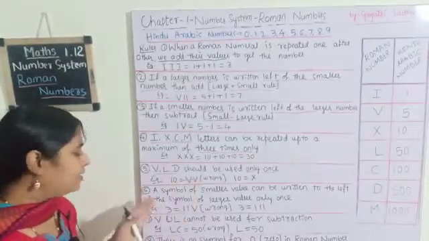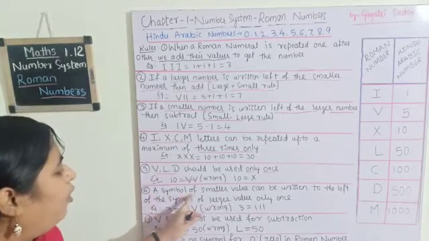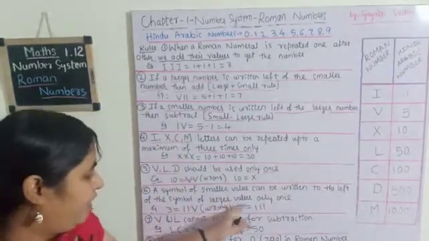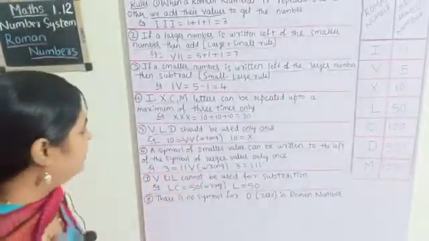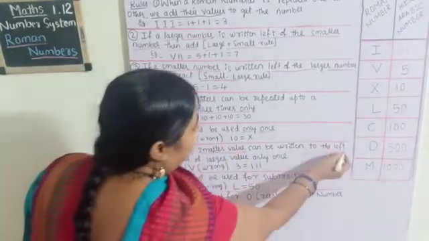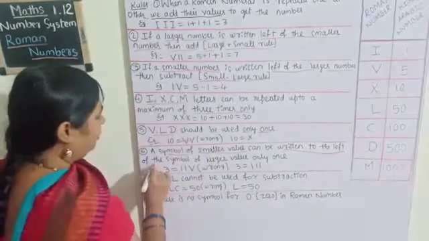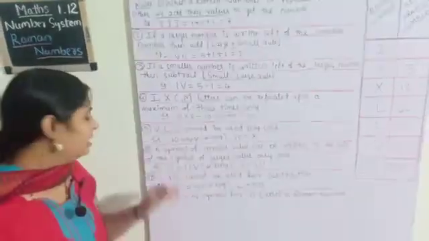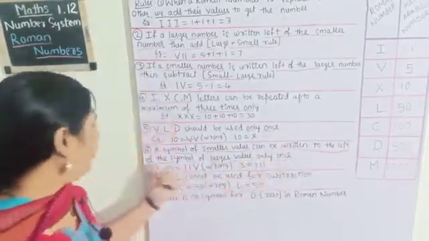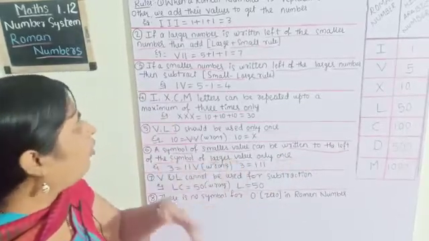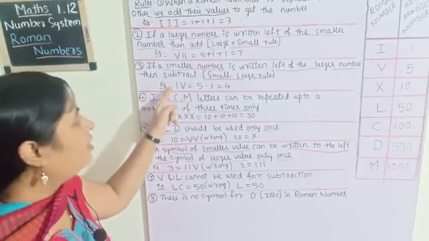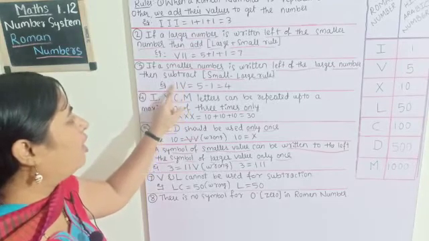Next, coming to the next rule: a symbol of smaller value can be written to the left of the symbol of larger value only once.